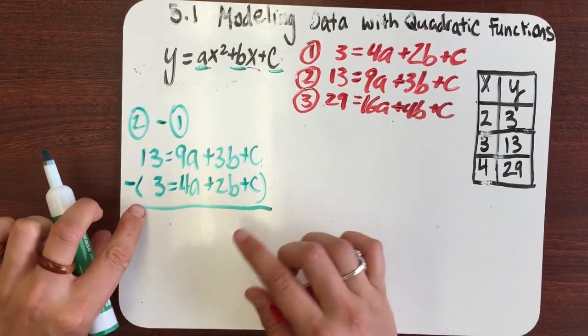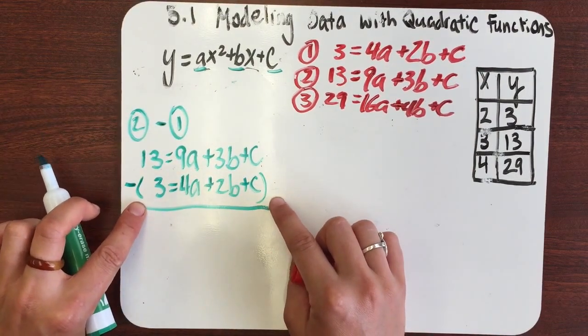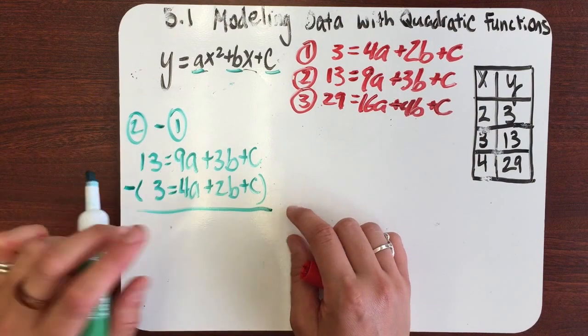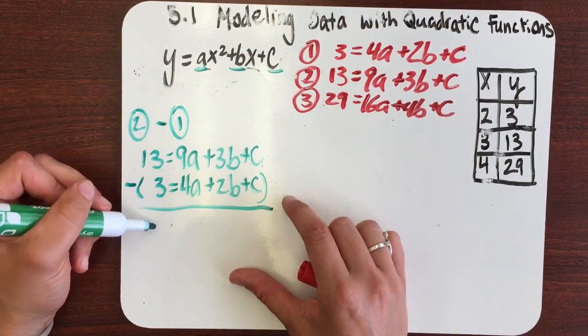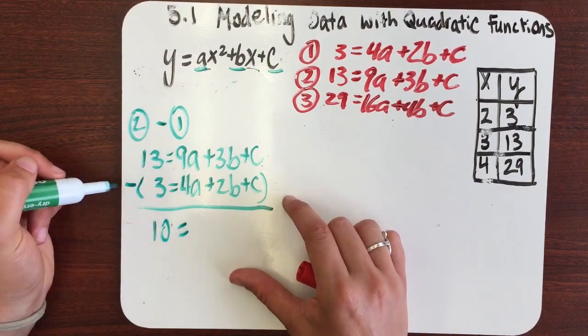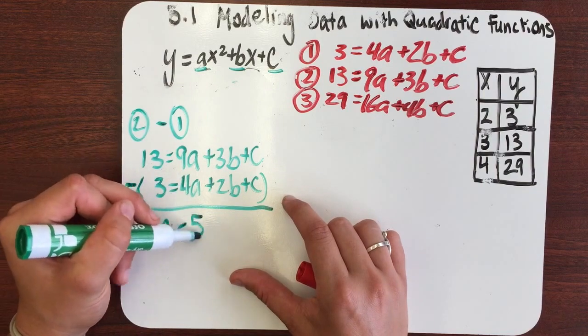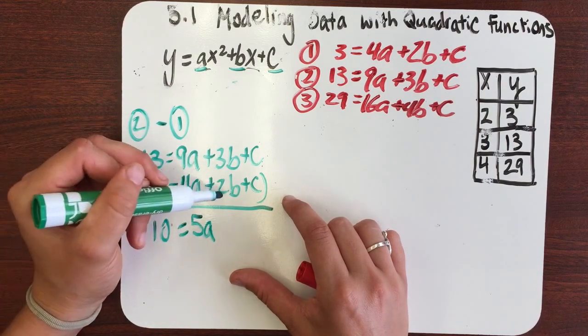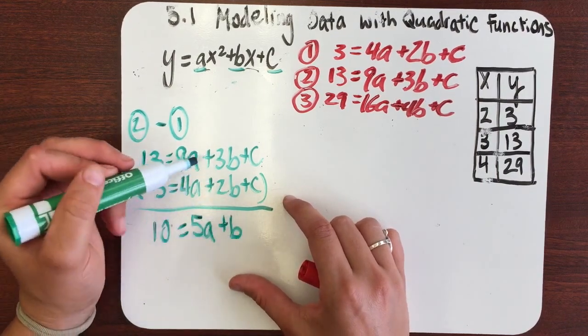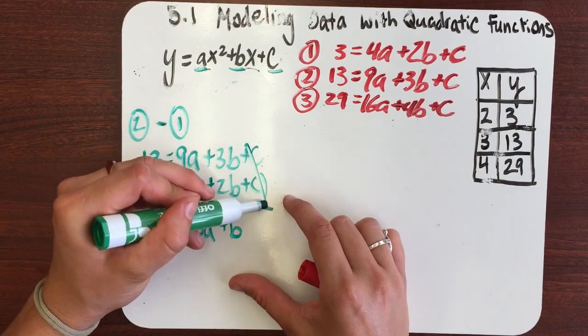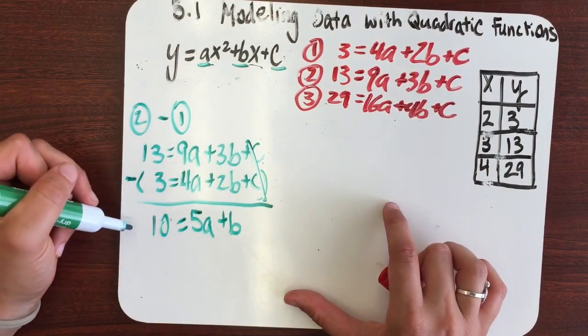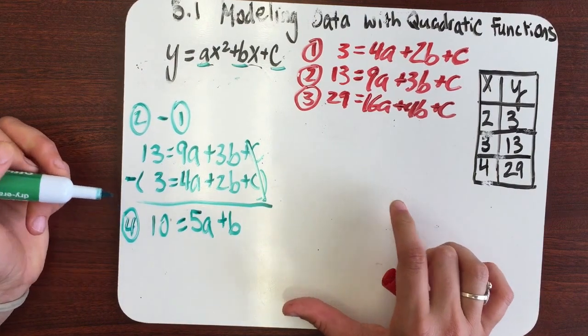Make sure you put the parentheses around this so that you know you're subtracting every term. So you have 13 minus 3 is a 10. 9a minus 4a is a 5a. 3b minus 2b is a b. And then c minus c will be eliminated. Let's call that equation 4.